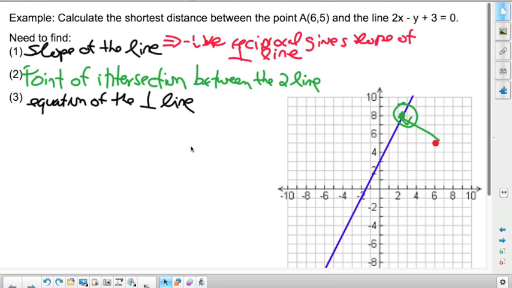How do we know where that is? That's the main question up there. Where is that point on the blue line that we need to put that dot? We don't know. So this is what we're calculating for. That's what all three things do for us. It gives us that point.